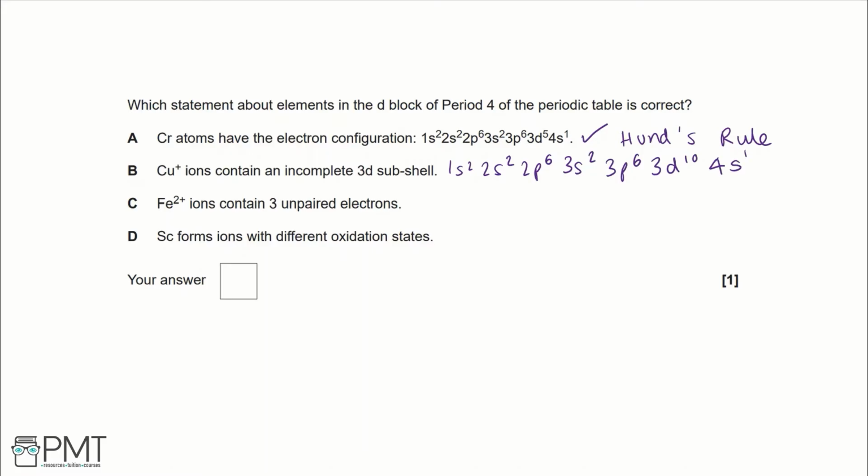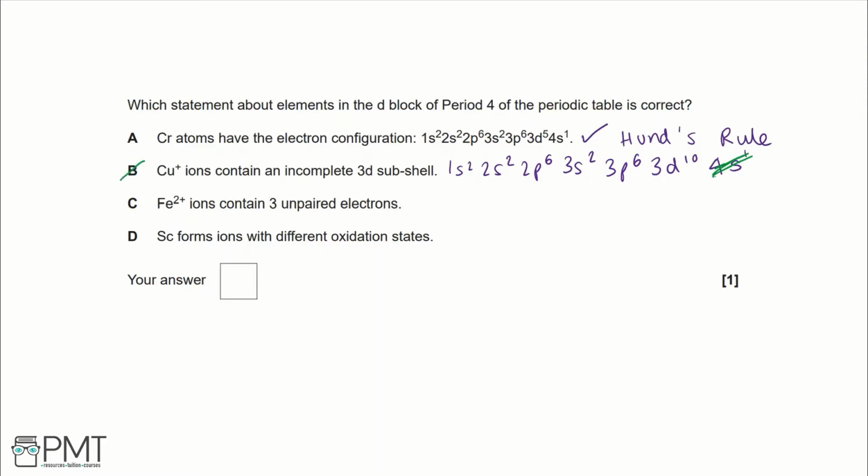And again, this is based on Hund's rule. We're deciding to pair the 3D before we pair the 4s. So if we were going to make a copper plus ion, we would lose the 4s electron first. And that would leave us with a complete 3D subshell. Therefore, B is not correct.